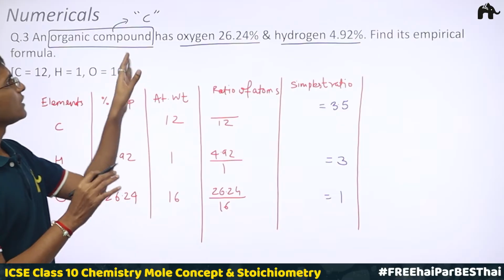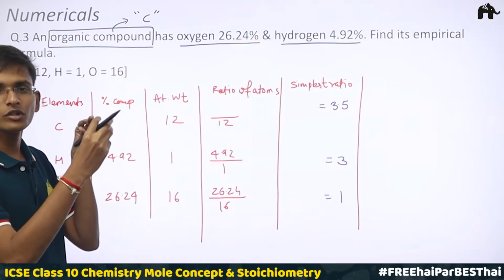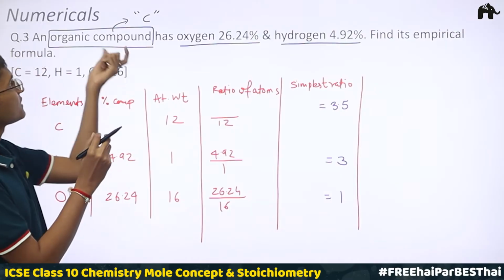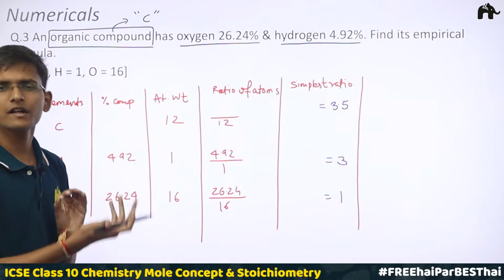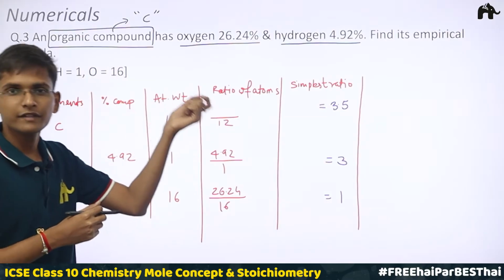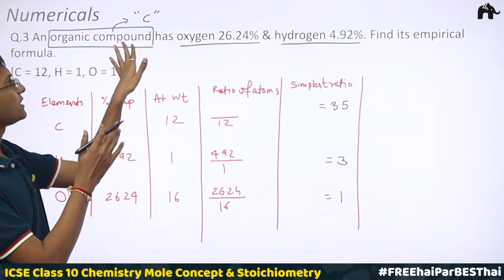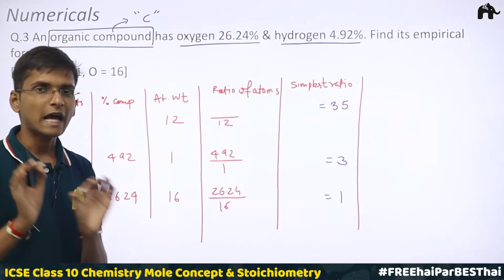This means that if we add the percentage by weight of all the elements present in that compound, we would get the sum as 100%.